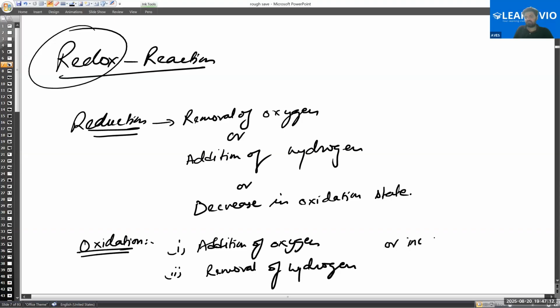Increase in oxidation state. Understood? Yes. So this is what happens: reduction and oxidation. These are the rules that we have already studied.